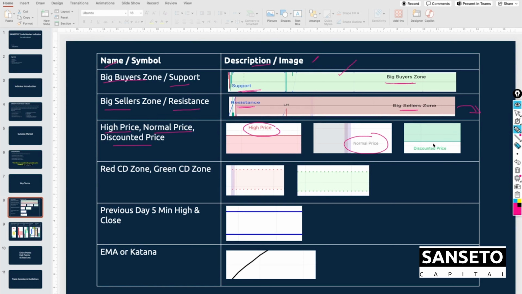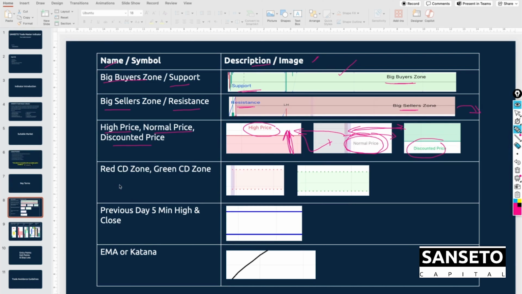If any stock or premium reaches a high price, it is likely to fall to the normal price. From the normal price, it can go to high or come to the discounted price. From the discounted price, it can go till the normal price or come back to the discounted price again. The normal price is the equilibrium price, we call it.